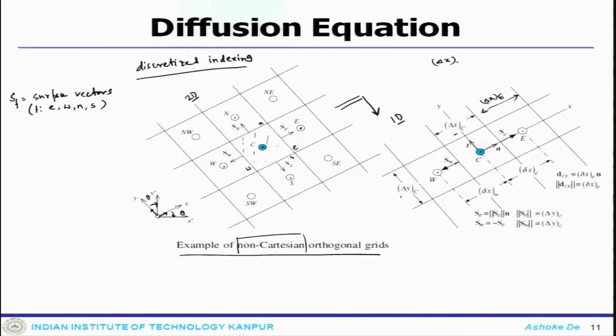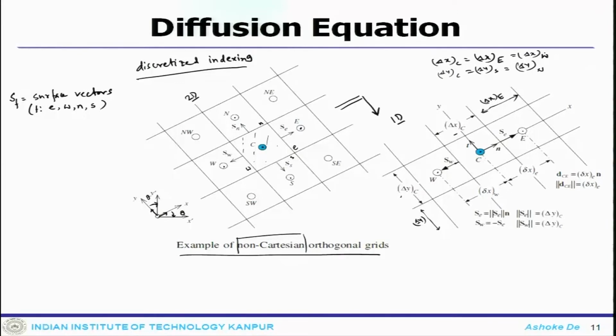So delta x c must be equal to delta x e. So that uniformity is maintained. The only thing that differs from our previous Cartesian orthogonal system is that it has been tilted by an angle. If we consider this also, it would be the same. So delta y c must be the same as delta y south or delta y north, and this is delta x west. So that maintains the uniformity.